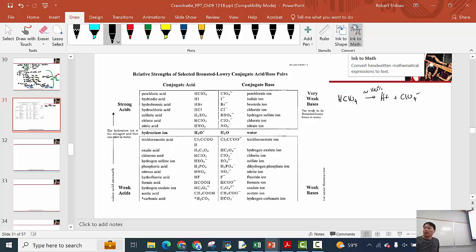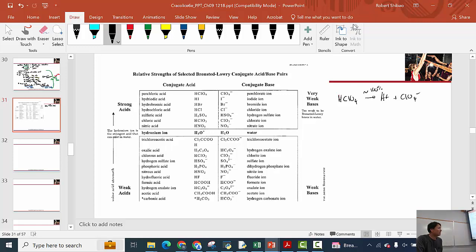Well, +1, is that really all that big of a charge? It's very small. It's not all that impressive of a charge, but when you compare its size, how big is a single proton? A single proton is incredibly small. It's a subatomic particle, and so it's incredibly small, making it highly reactive.